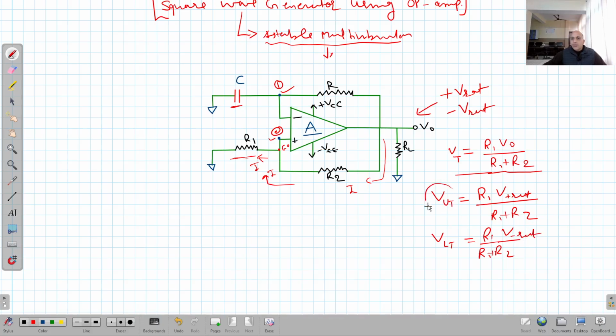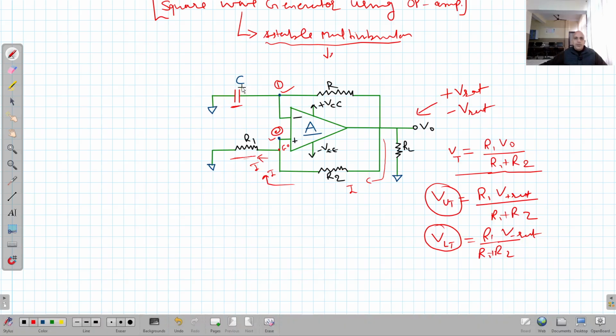So these are the two voltages that will appear at this terminal, in the case when the output voltage is either in positive saturation or in negative saturation. Now we will see what is the voltage appearing at this node 1.